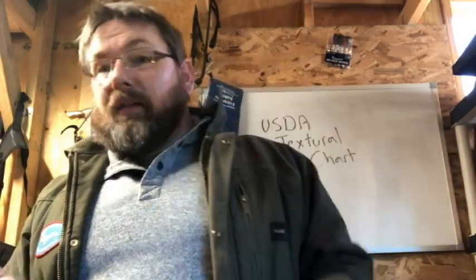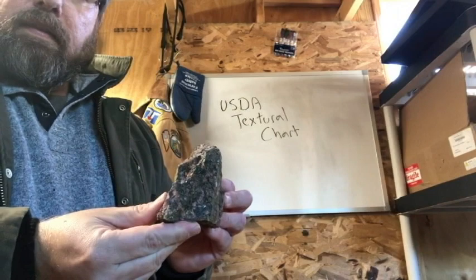And plutonic rocks tend to form deep underground, whereas aphanitic rocks tend to form close to the surface or on the surface. Those would be your basalts, your andesites, your rhyolites, things like that. But you can get dikes of these things.